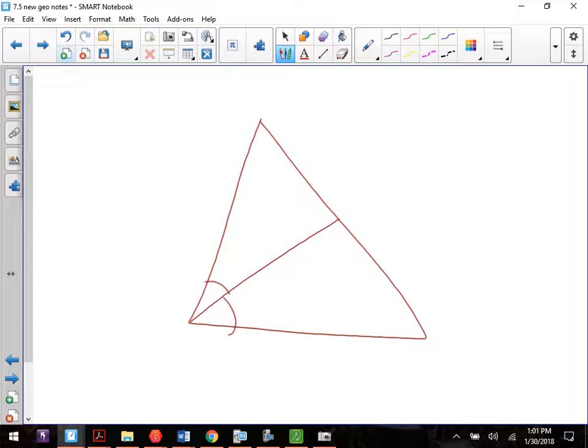All an angle bisector does is bisect an angle, and if continued on, it intersects the side opposite. Are we okay with that? Now, the side opposite the angle bisector is now cut into two pieces. It is cut into two pieces. They aren't necessarily congruent. They could be, but we don't know.